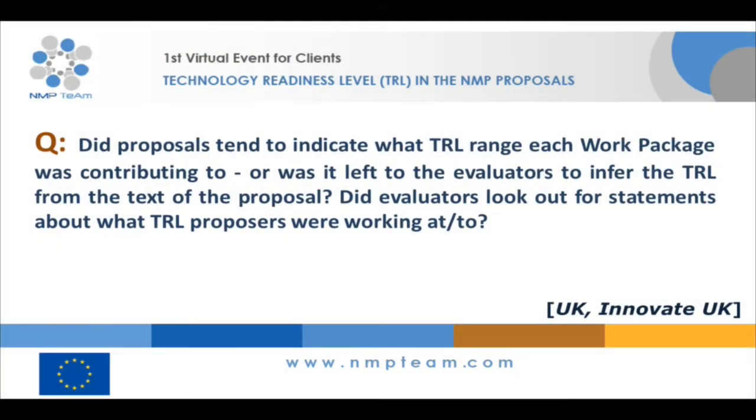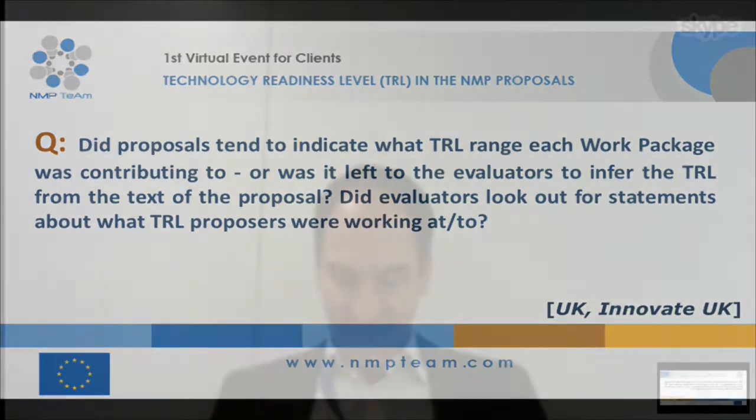Did proposals tend to indicate what TRL range each work package was contributing to, or was it left to the evaluators? Well, that varied in proposals, and as I said already, often enough evaluators concluded that projects were not realistic with that regard.